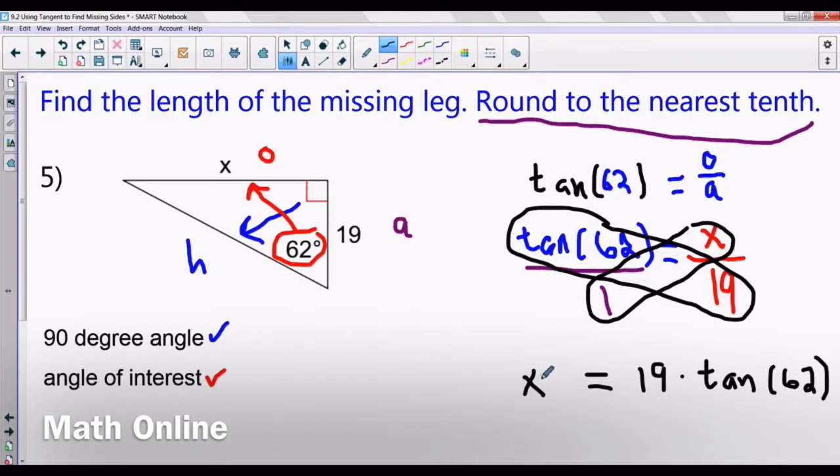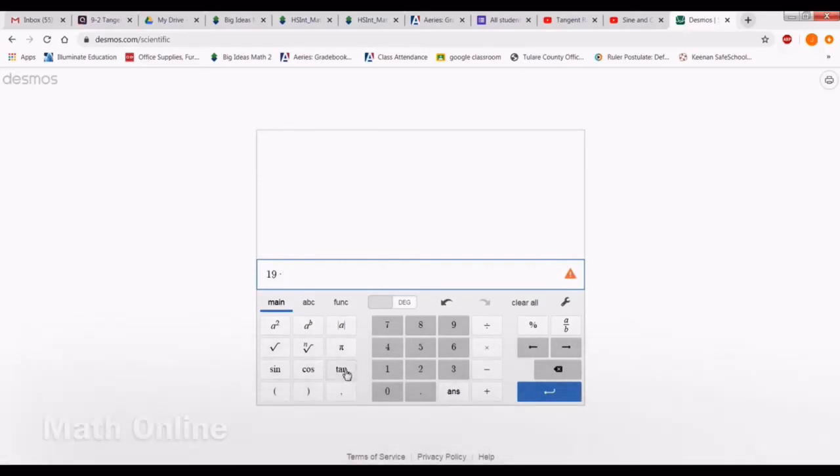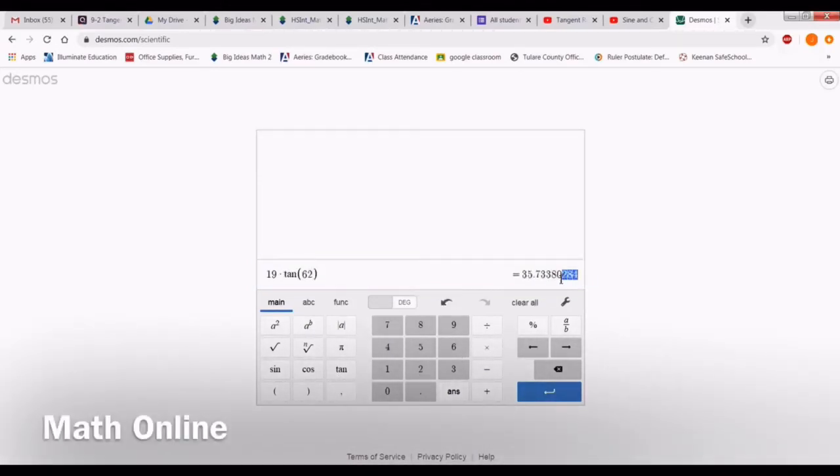So that makes our life easier. We don't have to divide by anything because x is already by itself. All we have to do is calculate 19 times tangent of 62. The way we do that is by going to our calculator, clearing the screen, and typing in 19 times tangent of 62 degrees. And there it is. It gives us our answer.